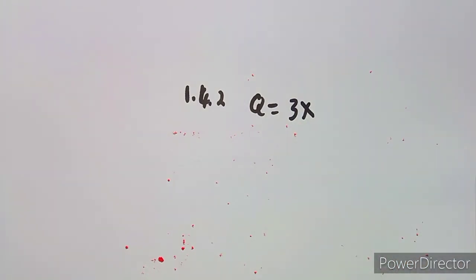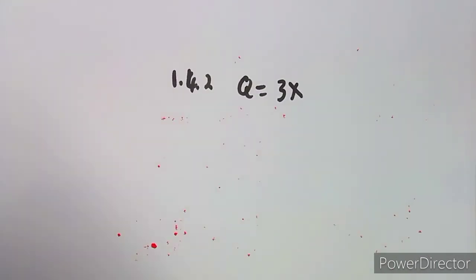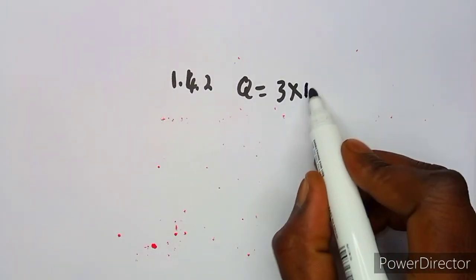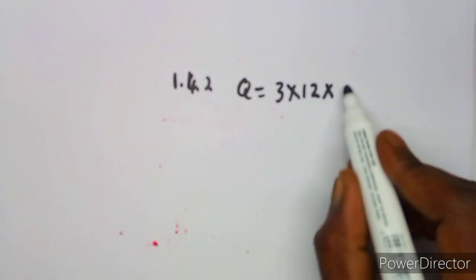Let's go back here, guys. What is our value of p here? This is 12 here, so it's going to be times 12 times r, which is 16. Our r in this case is 16.